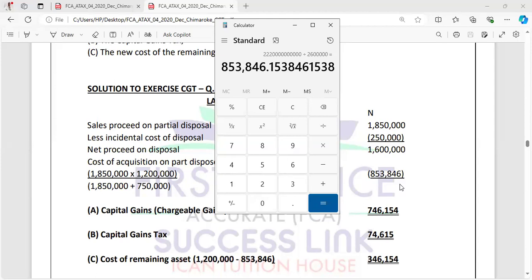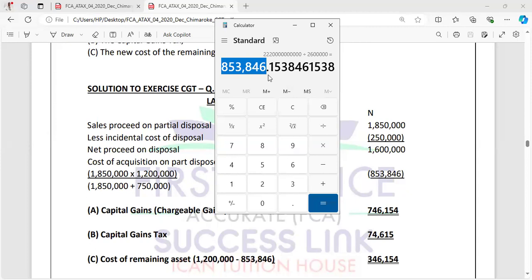But now that part you disposed of, which you sold for 1,850,000, just that part is valued at a cost of 853,846. So that's it. Once we get this, we are removing this from our net sales.